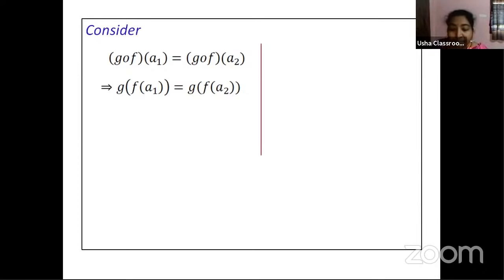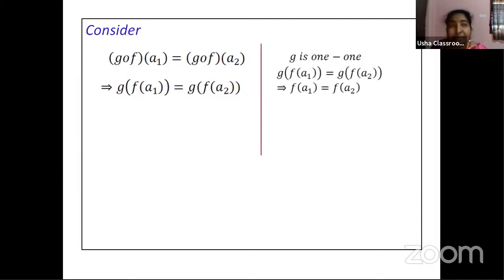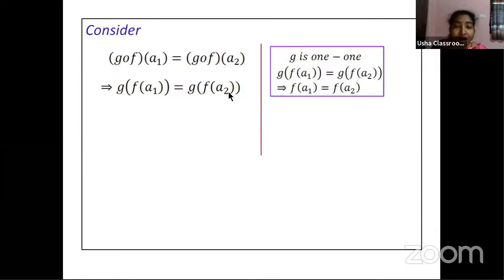So this implies F of A1 is equal to F of A2. Since G is 1, 1, you are getting this condition, children. So instead of G of F of A1 equal to G of F of A2, we can always write it implies F of A1 is equal to F of A2.